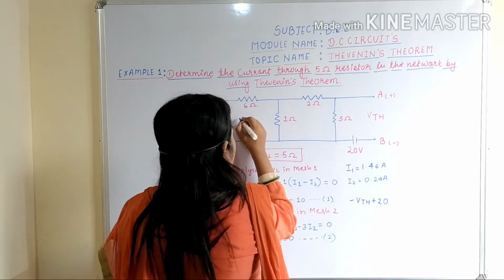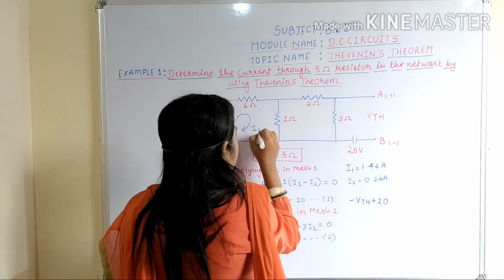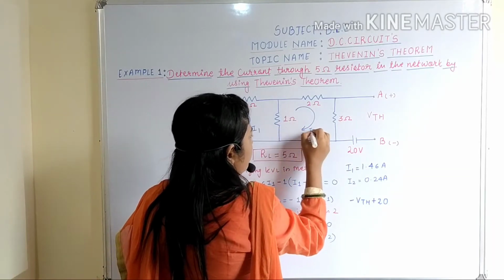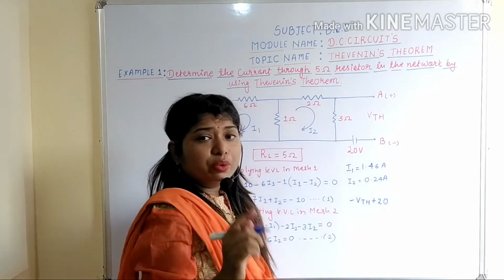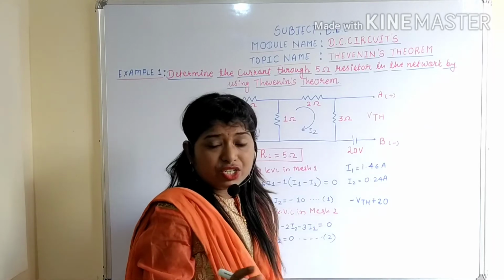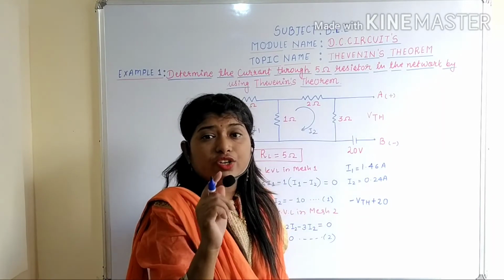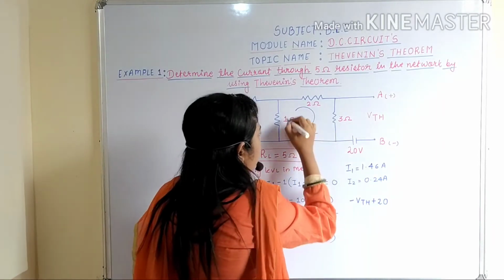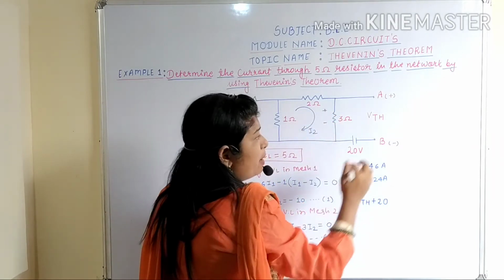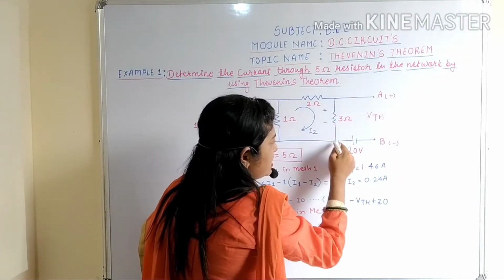As you know, current flowing through the first mesh is I1, and current flowing through the second mesh is I2. You need to identify the direction from mesh 2. So this current will flow in this direction, but we are applying KVL in this direction.